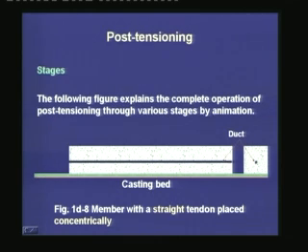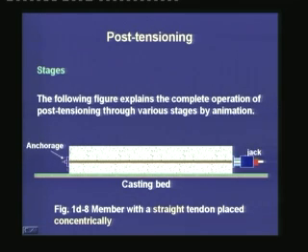This space is provided by placing a duct inside the concrete. After the concrete has cured and hardened, a tendon is placed within the duct, and then the end anchorage is placed at one end. On the other end, a jack is placed which gets reaction from the hardened concrete itself.